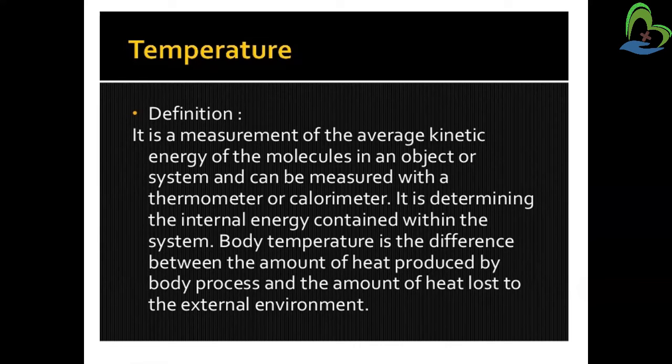Body temperature is the difference between the amount of heat produced by the body and the amount of heat that is lost to the external environment. So basically the body temperature is a difference between the amount of heat that is being produced by our body and the amount of heat that is being lost to the external environment.